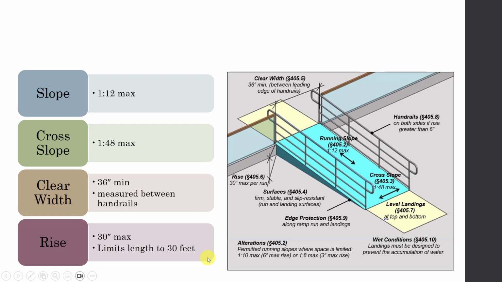And when you combine that 30-inch maximum rise with a 1 in 12 maximum slope, you are limited to a 30-foot long ramp. So when you're drawing them on your site plan, it's very easy to mark out 30-foot long ramps. And that's your maximum length.